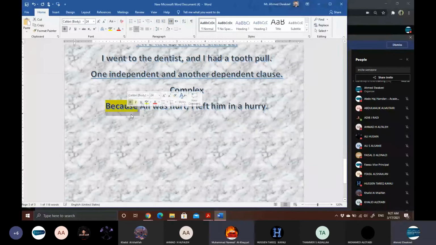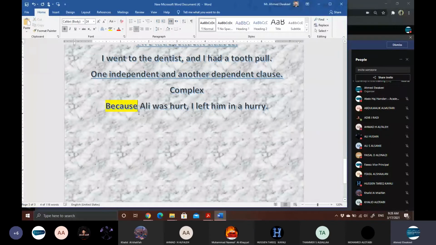Because, while, although, though, even though, however. Conjunction. What type of conjunction? We studied two: coordinating and subordinating. So this one is subordinating or coordinating? Subordinating, bravo, because the clause after it is a subordinate clause.